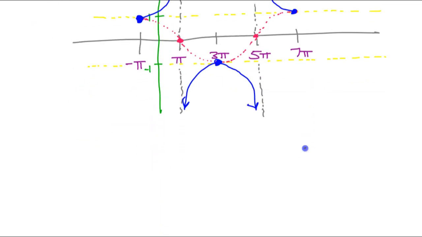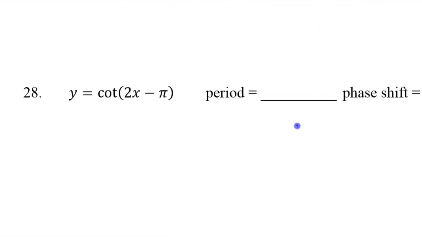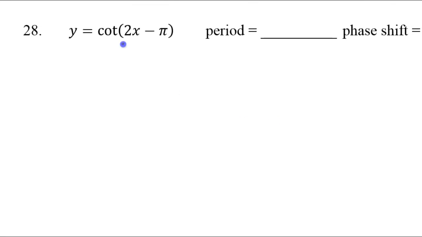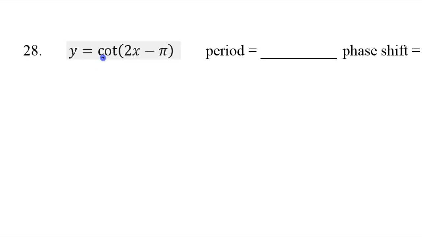And let's go ahead and squeeze in one more graph. Alright, let's graph cotangent. I'm going to have to change the way this equation is written. I see the b value and a phase shift trying to happen. I won't see it clearly until I rewrite. The b value needs to come outside of the parentheses.